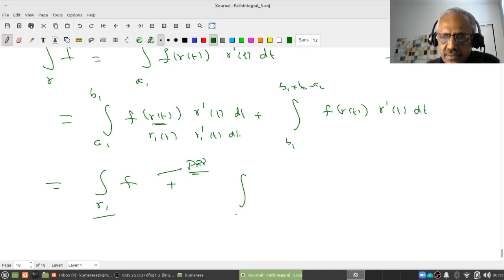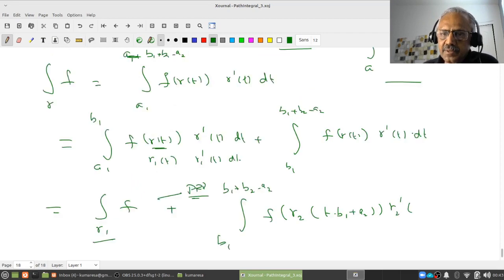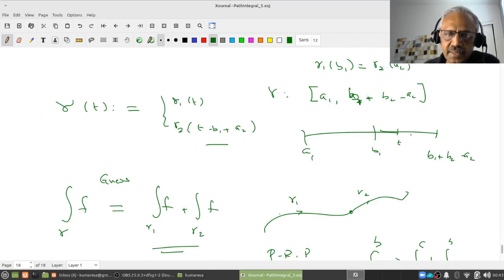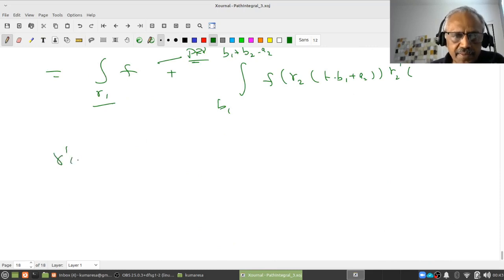Now what is this second one? Integral from b1 to b1 plus b2 minus a2 of f of gamma t, gamma prime t. So what is gamma prime of t?